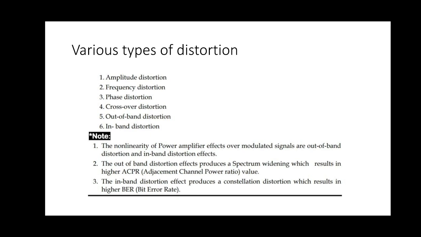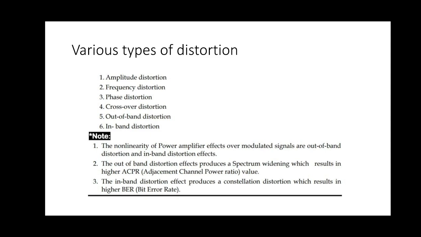Non-linearity of the power amplifier affects modulated signals, causing out of band and in band distortion effects. The difference between the output waveform and input waveform in an amplifier is called distortion. We know amplitude distortion, also called non-linear distortion, and crossover distortion; there are different types of distortion.